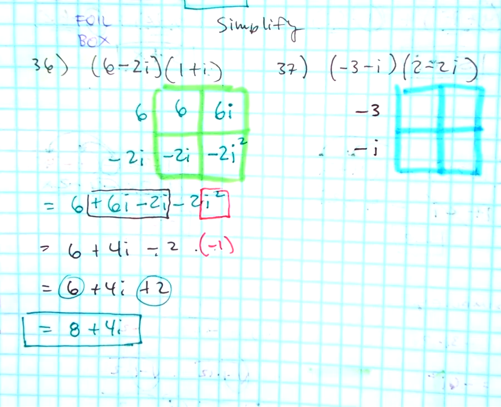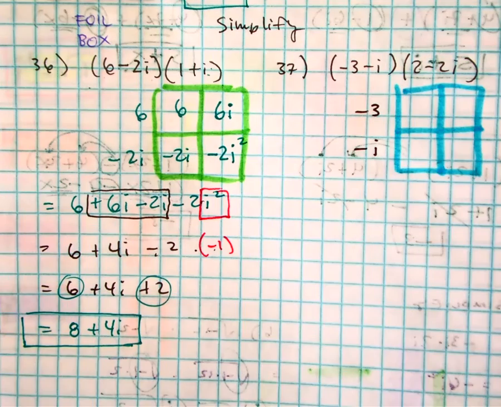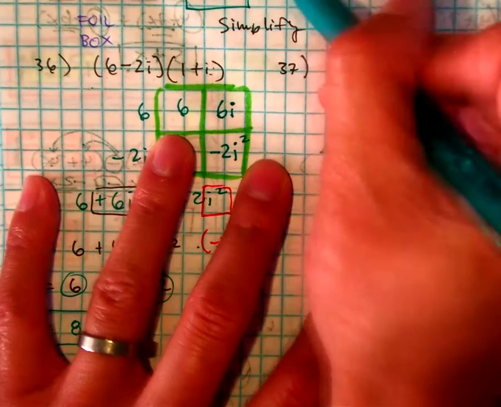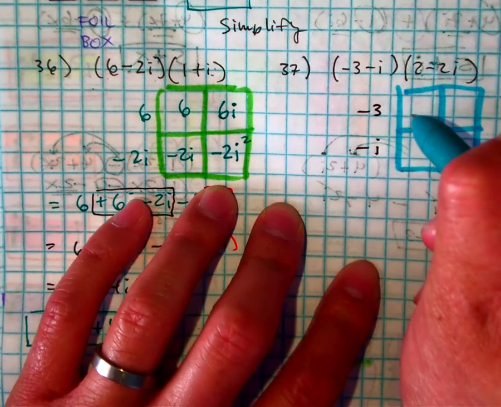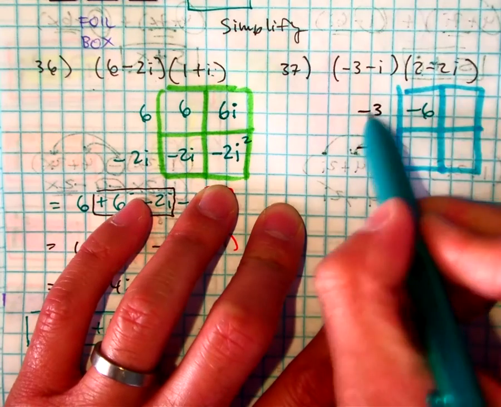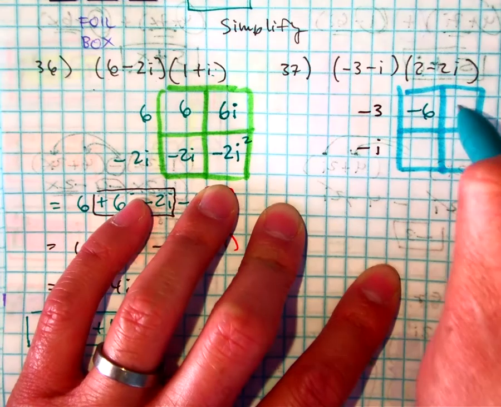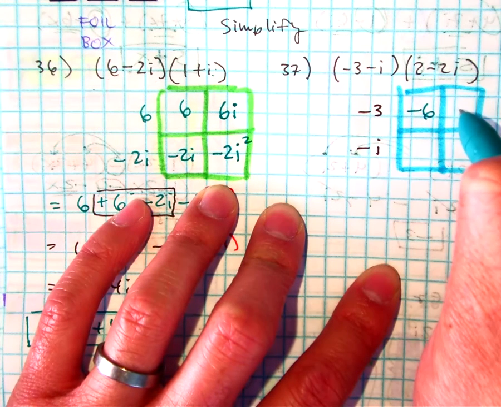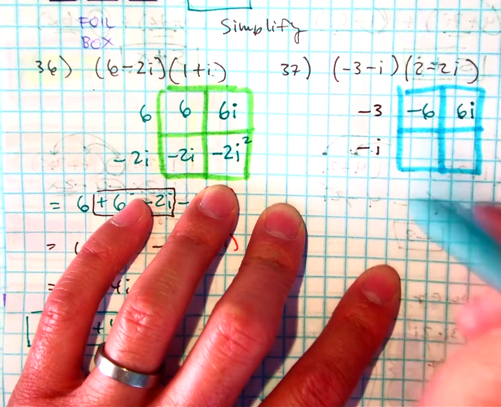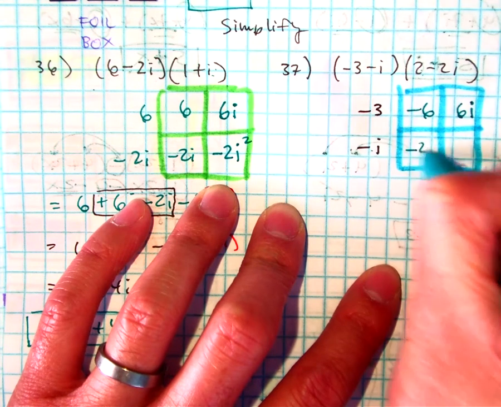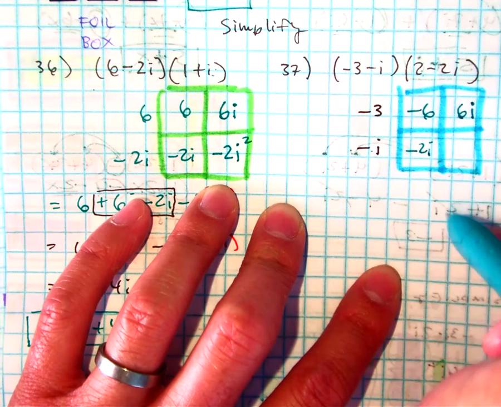Class, what math operations am I going to do first? Let's multiply. 2 times negative 3? Negative 3 times negative 2i? 6i. Negative i times 2? Negative i times negative 2i.